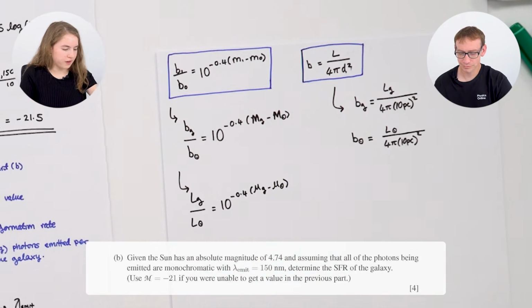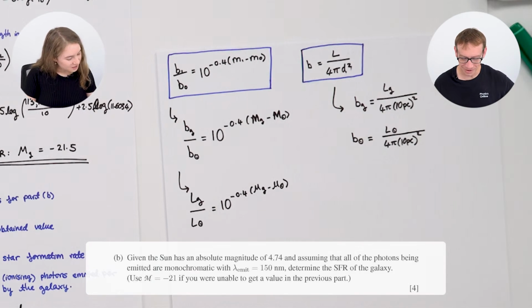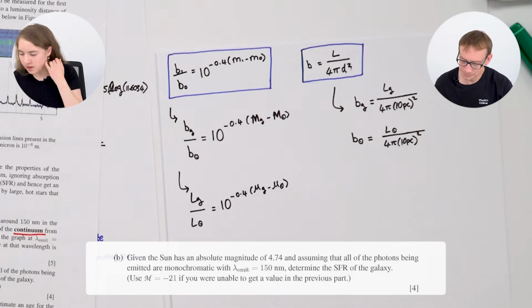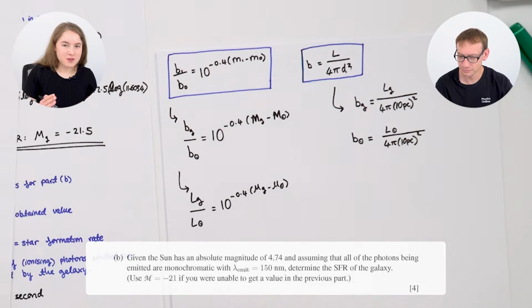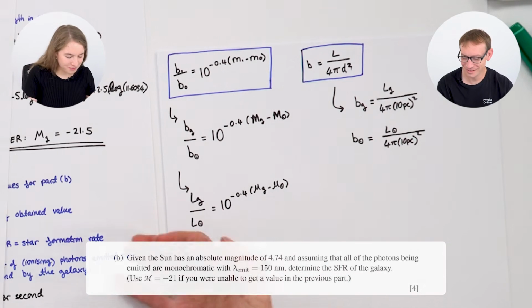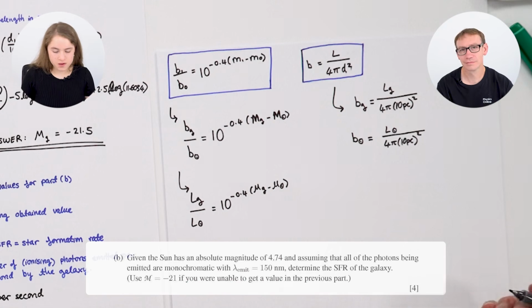At this point, I'm going to look back at the question and remind myself what we're actually doing. So here we go. We want to determine the star formation rate, and we've been given it in terms of n_ion. Again, it's good to do this kind of check-in with yourself, which is why I'm narrating this. So we've been given SFR in terms of n_ion, and n_ion is the number of photons being emitted per second.